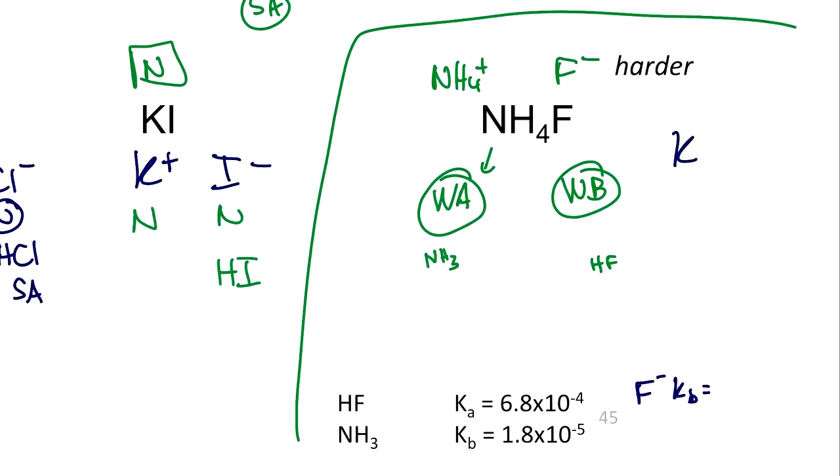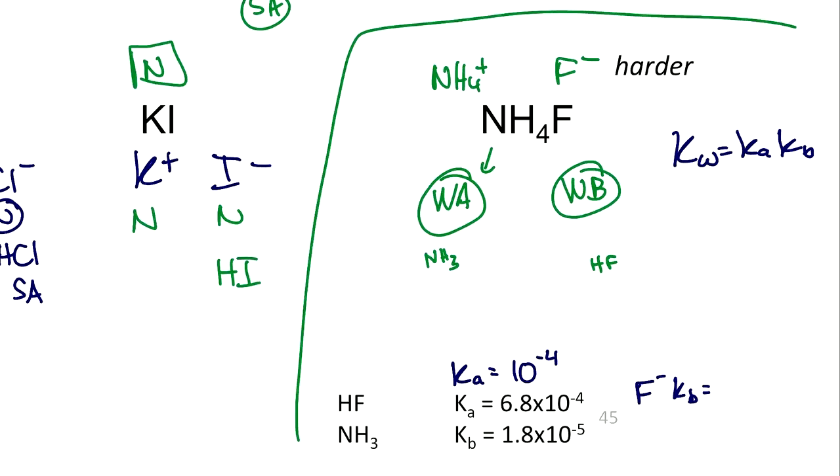Recognize that Kw equals Ka times Kb. So if I already know the Ka value for the acid, I know what the Kb value is for the conjugate base. I'm just going to estimate this because we're just trying to figure out which one's stronger, right? If HF has a Ka of times 10 to the negative 4, I'm just getting rid of the coefficient.